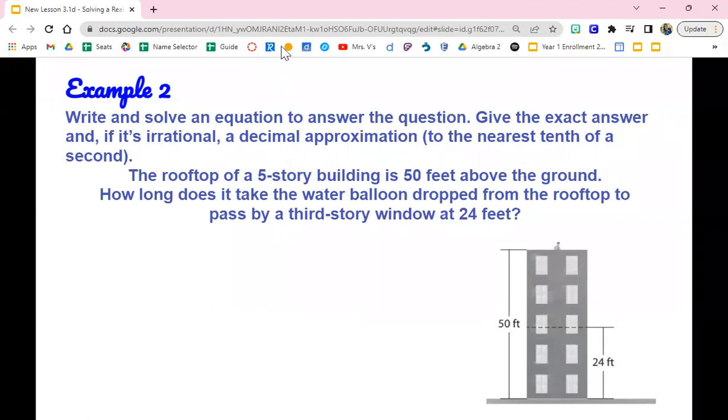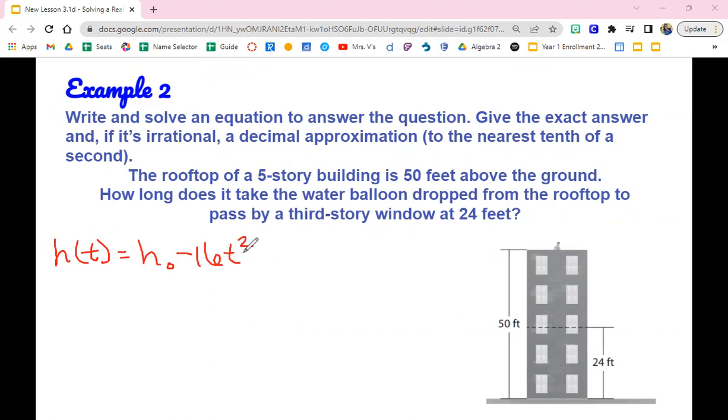Now, in this case, my equation is h of t equals my initial height minus that same part of that first equation. We're going to subtract that time away from it.